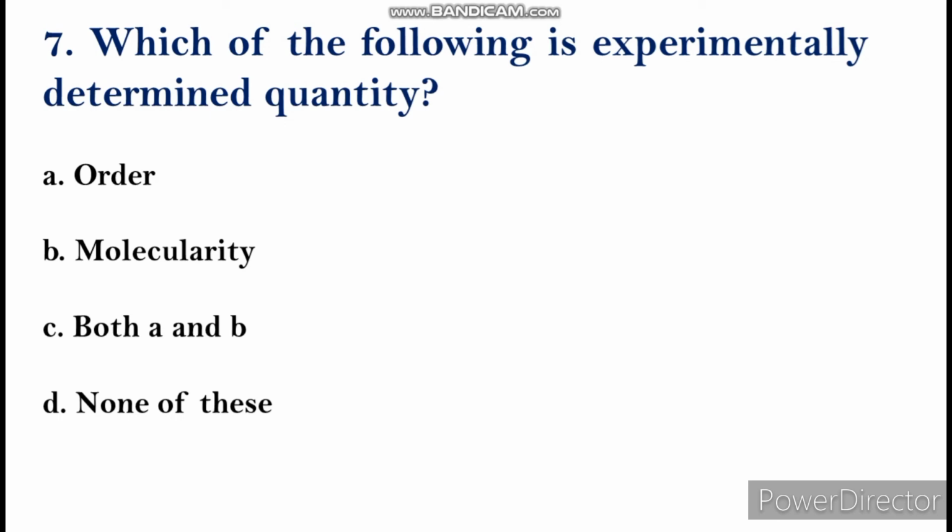So which option? Option A. Molecularity can be told just by looking at the reaction. Order can be calculated experimentally. We cannot just directly tell what is the order of reaction when we are given any reaction. It has to be determined experimentally. Right, now that's the seventh question.